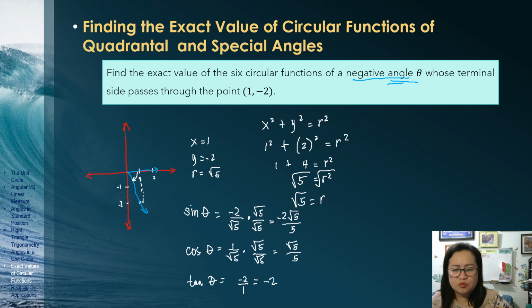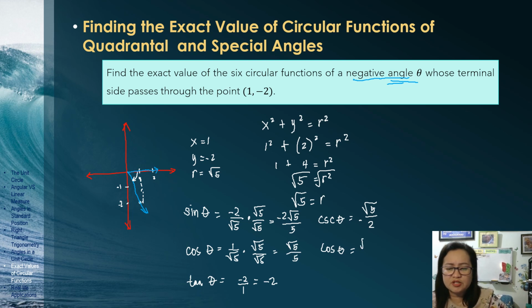Now, we get the reciprocal functions. So we have cosecant theta, get the reciprocal of negative 2 over square root of 5. That would be square root of 5 over negative 2. For secant theta, it's just the inverse, 1 over square root of 5. That means we will have square root of 5.